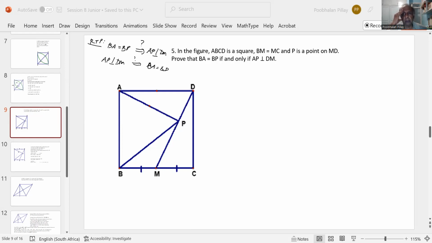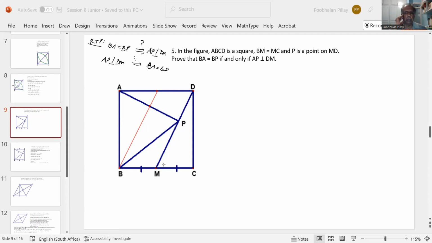After a lot of thought and a lot of experimentation, eventually a creative student will come across this construction here, which is not a very complicated construction, but it will help you to solve the problem. What you do is you take the point B and you join it to the midpoint of AD. In other words, you replicate what was done here.